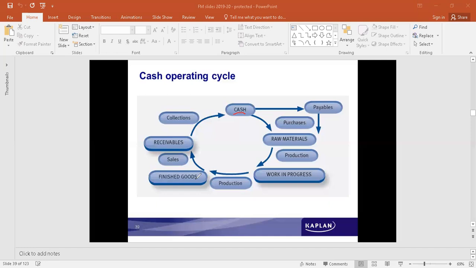So the cash is invested into raw material, converted into work in process, then finished goods, and when these are sold on credit, we have accounts receivable. At the end of the credit period, cash comes back.